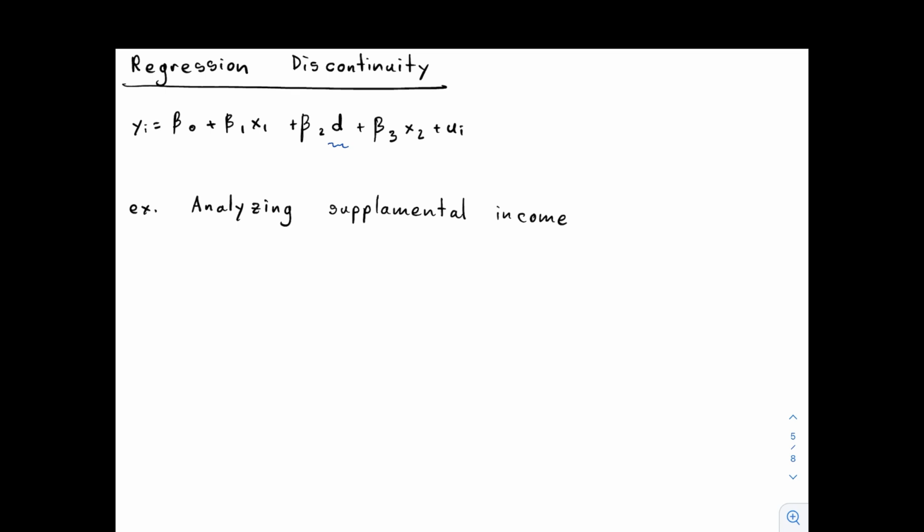Then one idea that has been put forth is that individuals in such a situation are disincentivized to work because it's to their benefit to lose whatever income from not working, because once they fall below that particular cutoff, they then qualify for this program.